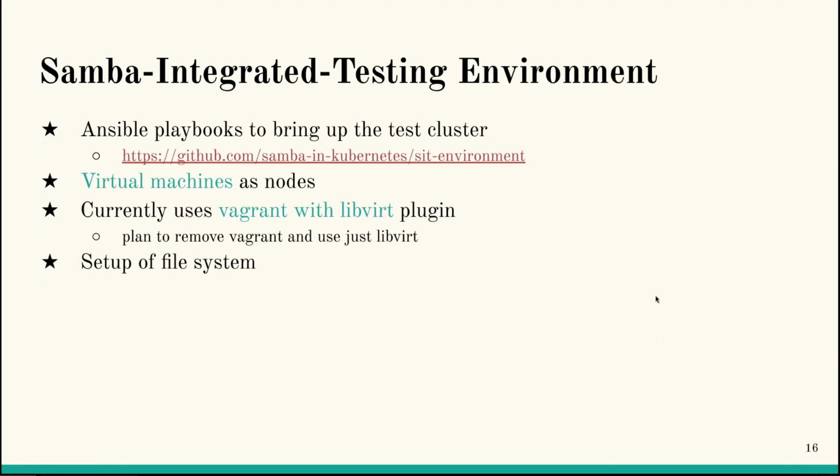Due to the pain in maintaining the dependencies for Vagrant, we have a plan to get rid of Vagrant and just use libvirt so that it becomes easier. So the playbooks inside that particular repository create the entire cluster that is required for the testing.